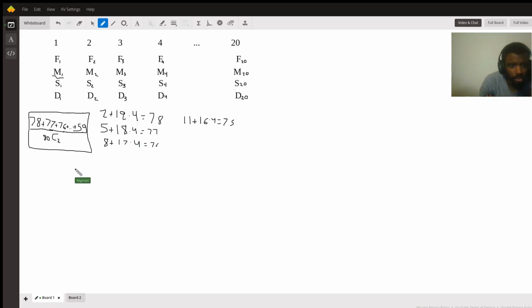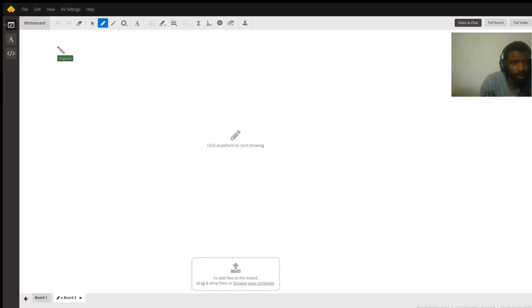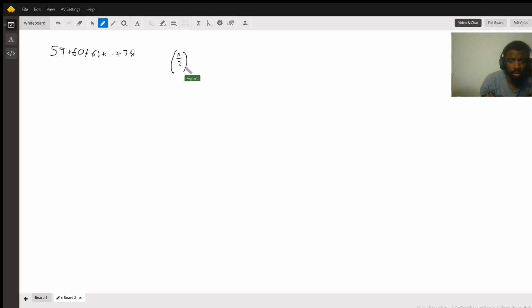So let's clean this up a little bit. That's the answer, but it's arithmetic. So you have 59. I'm going to put the smaller number first. Plus 60 plus 61 plus dot dot dot plus 78. Now remember, for an arithmetic series, I don't know if you covered this, it's n over 2 times a quantity, our first term, a of 1, plus the last term, a of n.